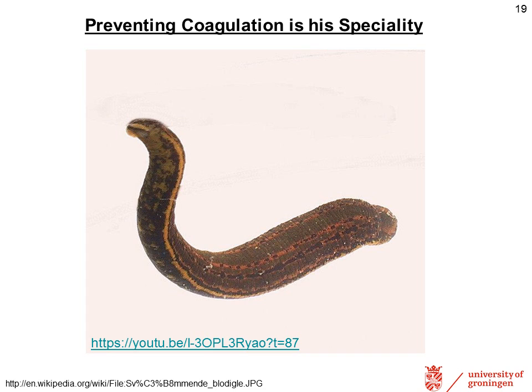Preventing coagulation is the speciality of the blood leech, as it feeds from human blood or from animal blood. Thus it must prevent blood from coagulating while it is feeding. To this end it injects anticoagulant molecules into the bloodstream.